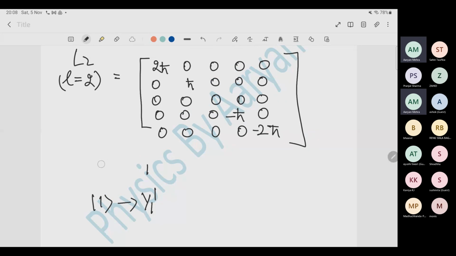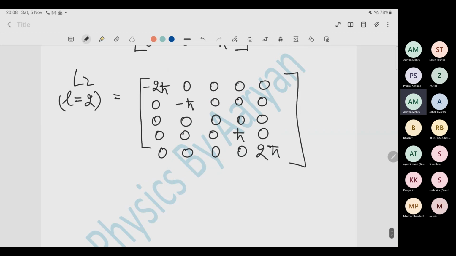Whatever answer you are getting, do its complex conjugate. If you do the complex conjugate for this matrix, and that matches the option, that is also correct. You can do it by replacing rows and columns also.